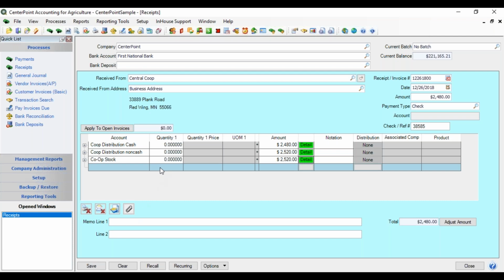When we save this transaction, our bank is going to increase by the cash portion $2,480, and our stock asset is going to increase by $2,520, and our revenue of the cash plus the non-cash is going to increase by the total of $5,000. And these portions will show up correctly on our tax forms when we go to file taxes, and that is all done in this one entry. And you're ready to save.